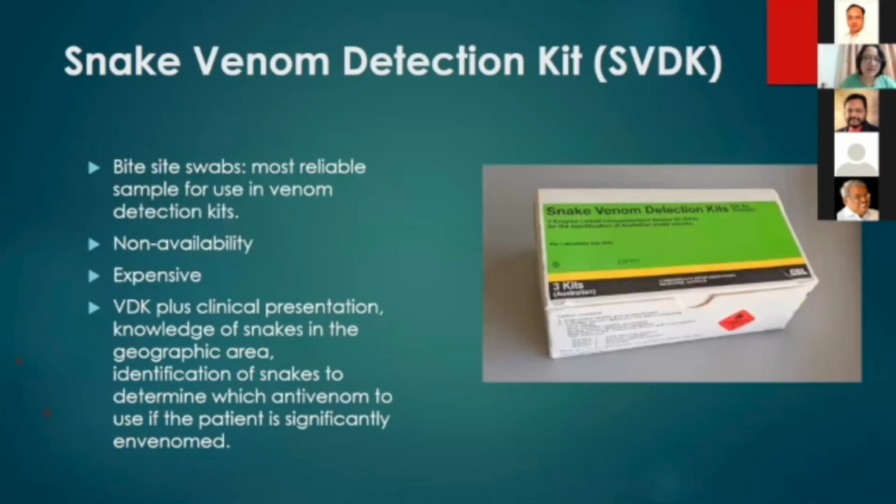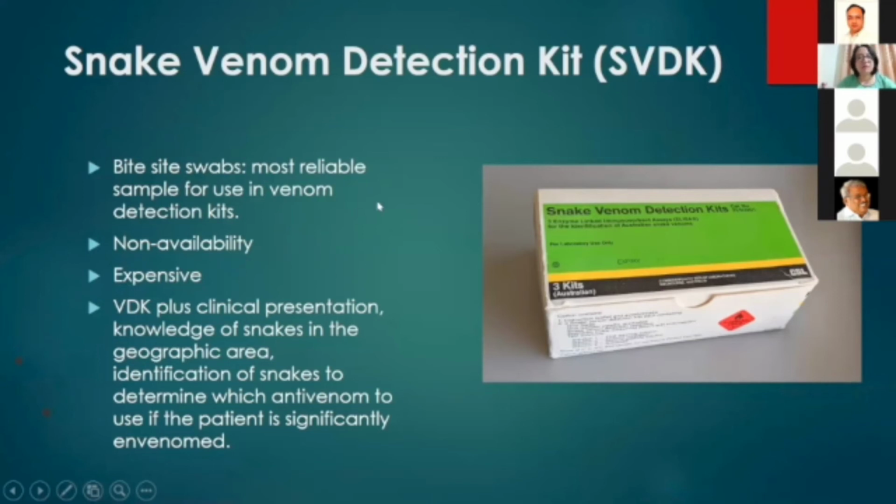So having said that, the most reliable sample used in venom detection kits, these are the bite site swabs. But in our part of the world, it is not available. This is available actually in Australia, and this is also expensive for us actually.